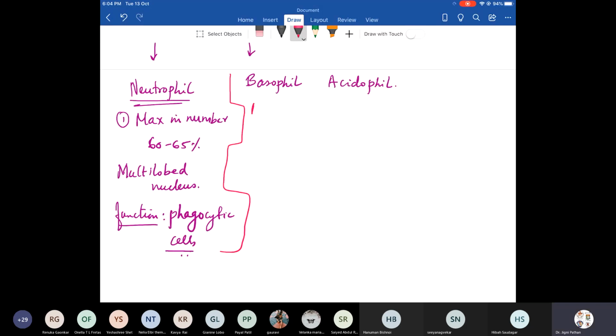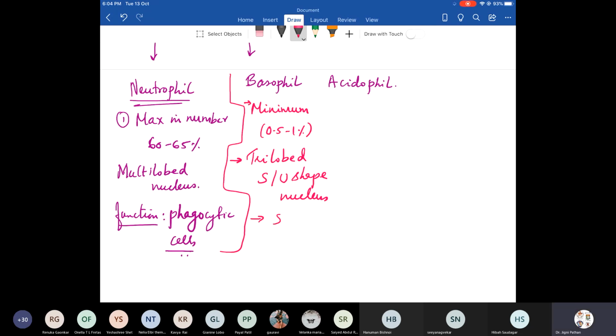Next, basophils. The number is minimum, around 0.5 to 1%. They have a trilobed S or U-shaped nucleus. What is the function?